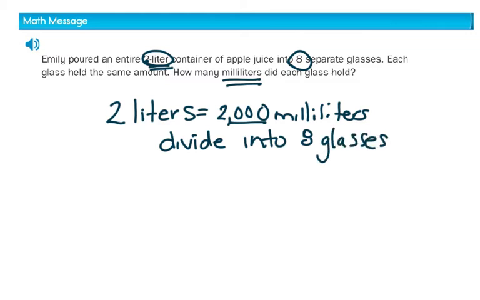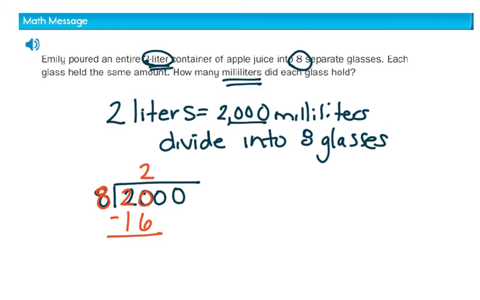And then I'm dividing it into 8 glasses. So I need to do division. So let's take 2,000 and divide it into 8 glasses. How many times does 8 go into 20? Goes in there 2 times. 8 times 2 is 16.